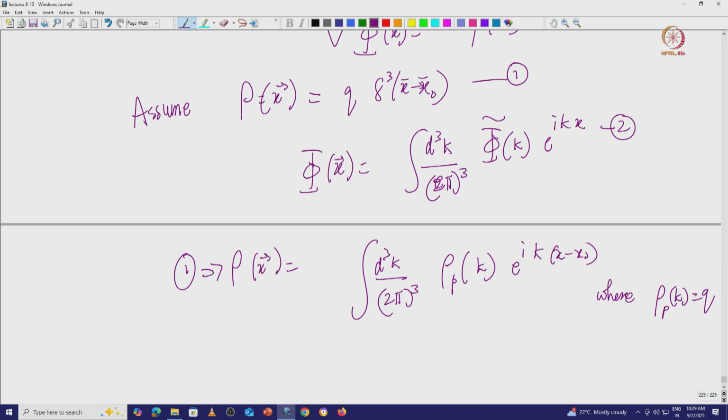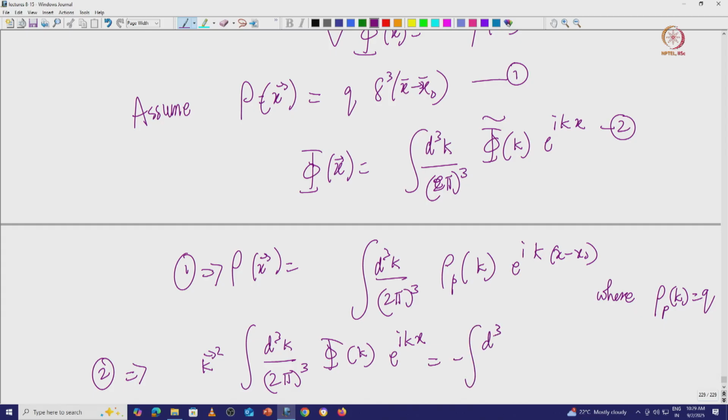So 2 implies minus k square, integral d cube k by 2 pi whole cube, phi tilde of k, e power i k x, is equal to integral d cube k by 2 pi whole cube, q e power minus i k x0, e power i k x.